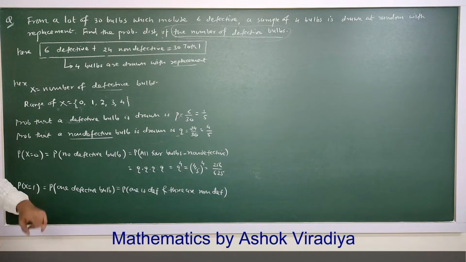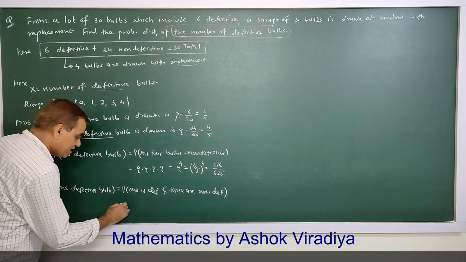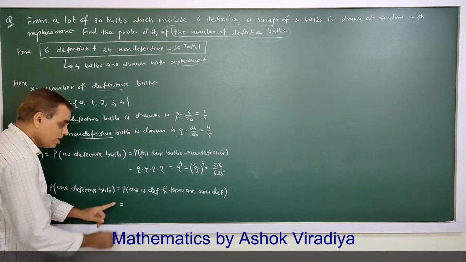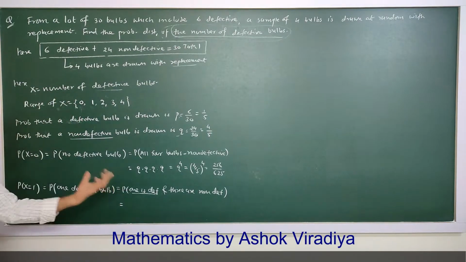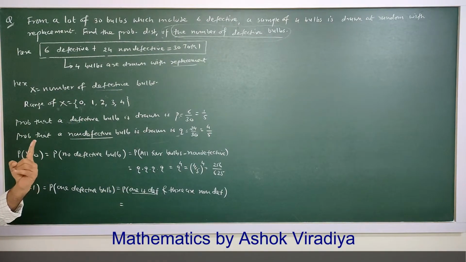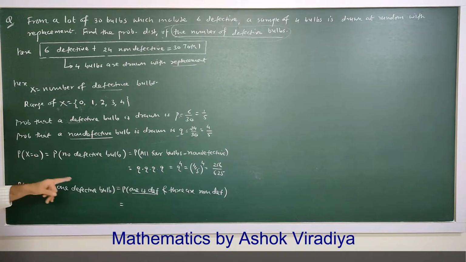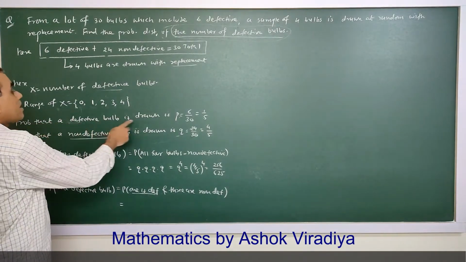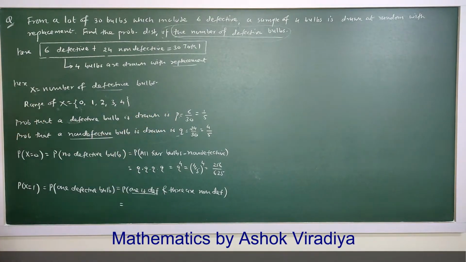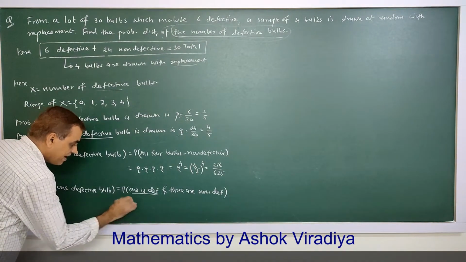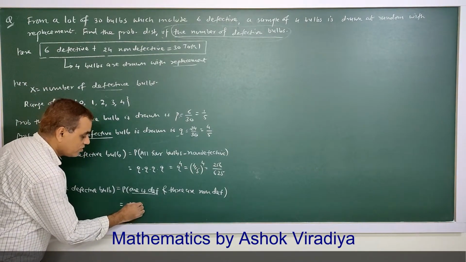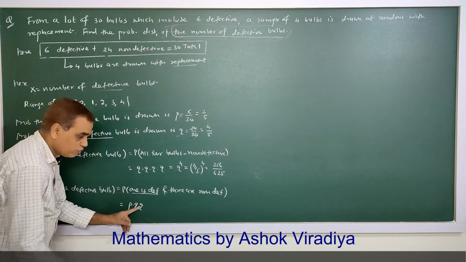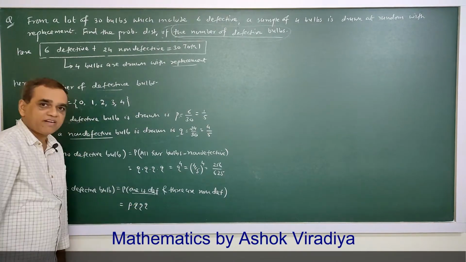Suppose every time I am keeping 1 defective, 3 non-defective. Now for a defective, the probability is P. So the first bulb is defective, second is non-defective, third bulb non-defective, fourth bulb non-defective.